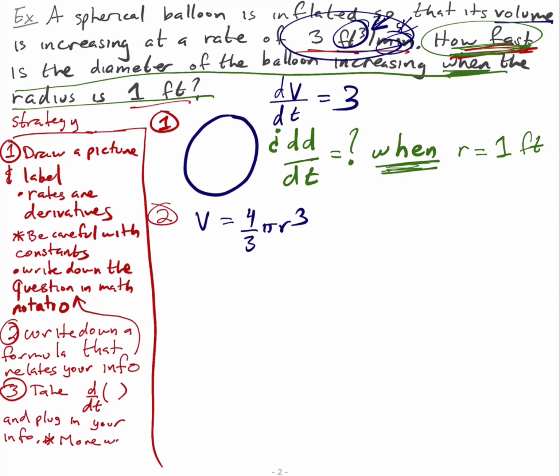More work may be necessary. Okay, so we plug in everything. Well, no, sorry, we get the derivative of both sides. So let's see here. So the derivative of the left side and the derivative of the right side.